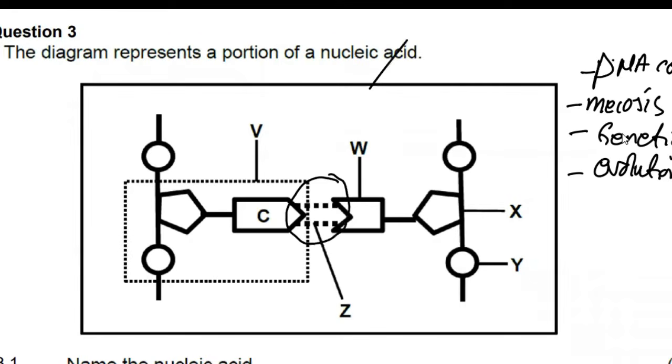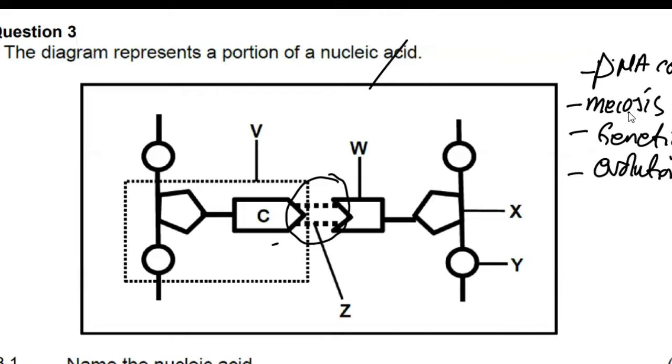What are some of the questions which are most likely to be asked about the structure of DNA? Apart from labeling the structure of DNA, they can ask you to describe the structure, and they put there 6 marks, whereby you have to tell us DNA is made up of nucleotides. Each nucleotide is made up of a phosphate, a sugar, and a nitrogenous base.